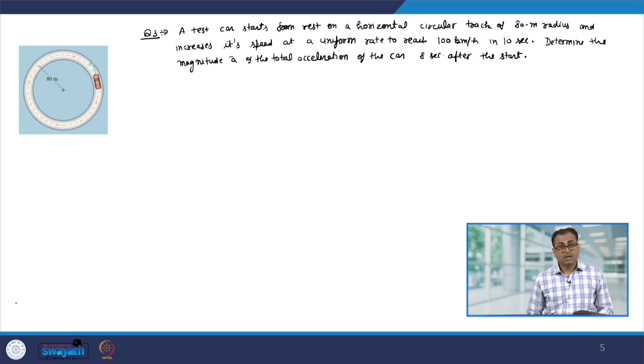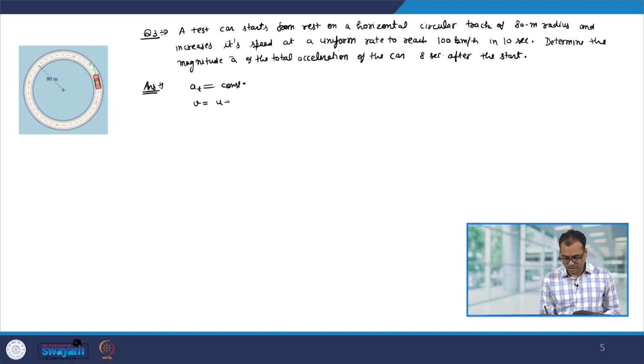Okay. So, first of all, it is clear that the motion is circular, and it is also given that the transverse acceleration is constant. So, a_t is constant. Therefore, we can use the simple equation v equal to u plus at, and initially the car is at rest.